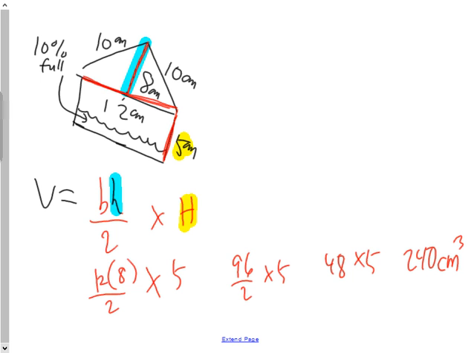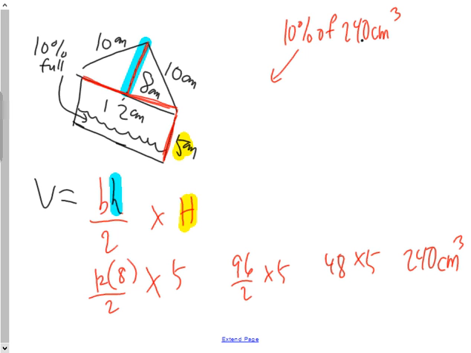Now, if it is 10% full, just like the first question, 10% of 240 is actually a better mental math question, because for 10%, all you have to do is move your decimal, which actually exists right here. You move your decimal one spot over, and you get the answer.